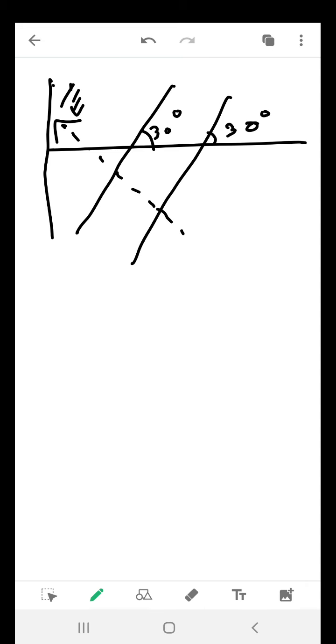This is not actually 30 degrees, but you have to visualize 10 volt, 20 volt, two equipotential surfaces. If you draw the equipotential surfaces here, the electric field lines, I am drawing the electric field lines here only.